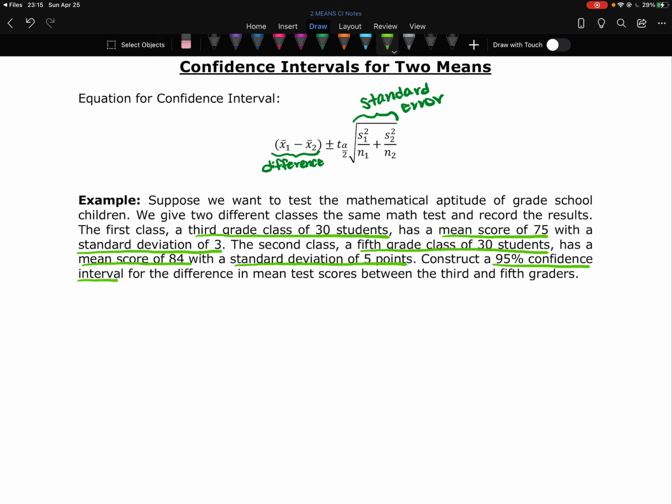We want a 95% confidence interval. We're looking for the difference in mean test scores between the third and fifth graders. And this is kind of my hint to tell me that I'm going to do third minus fifth. It's not the greatest indicator, but it's what I'm going to use as my indicator.